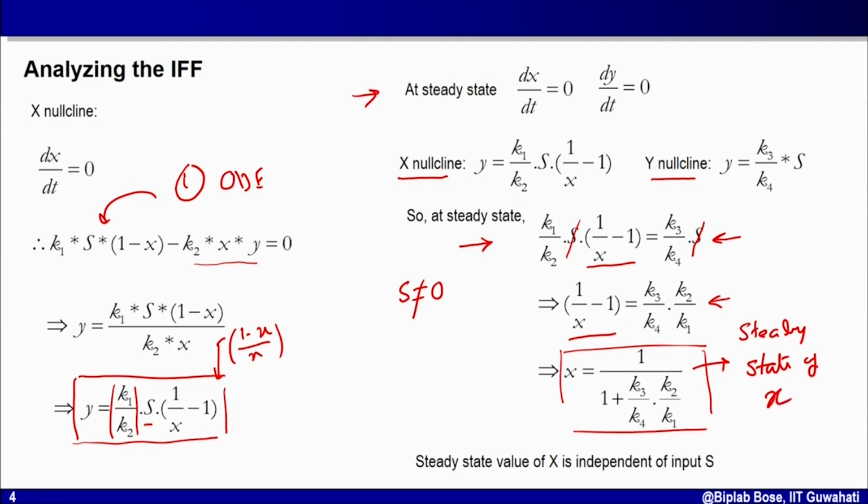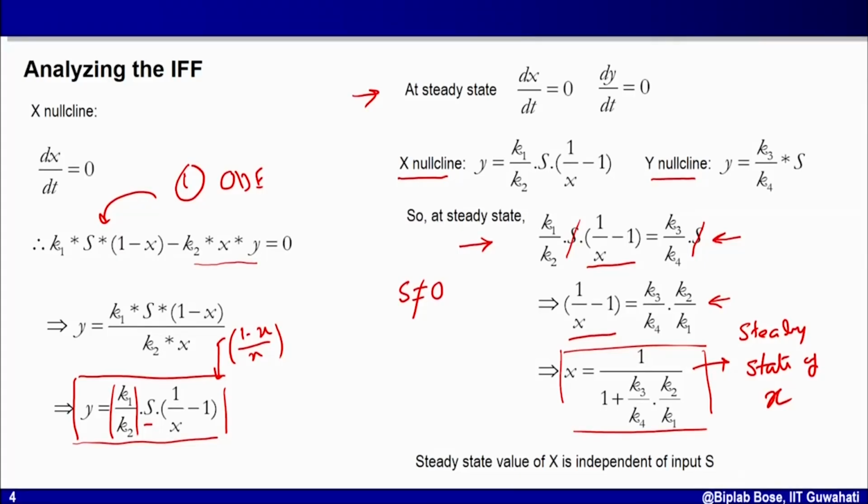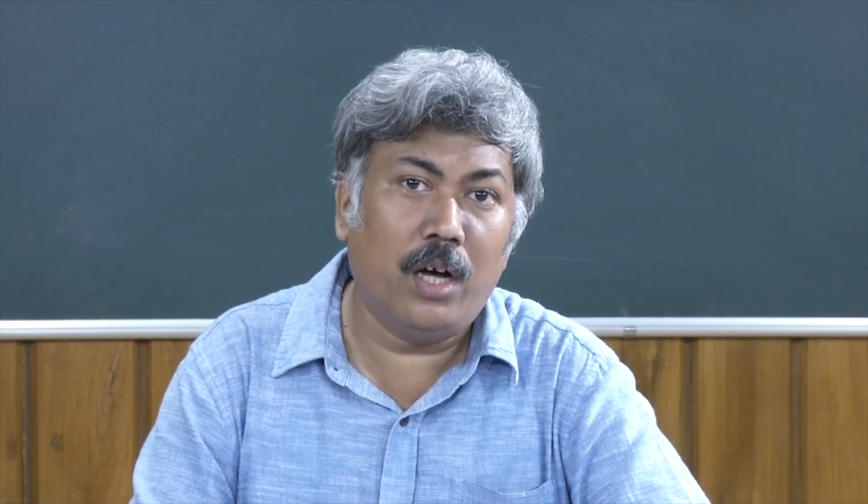Note one interesting thing in this steady state value of x. This steady state value of x does not have y, obviously, and that is obvious because we are separating out y and x, but it also does not have s, the input signal. That means irrespective of the value of s, steady state value of x will remain the same.